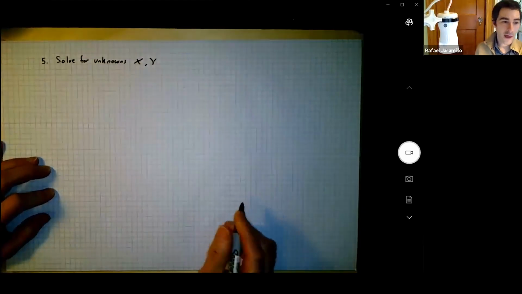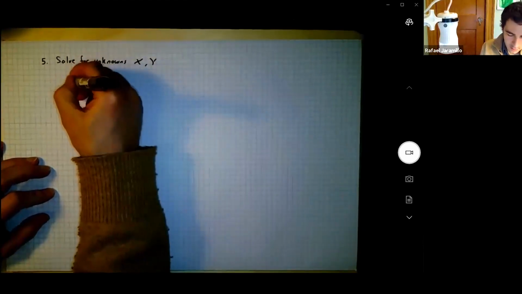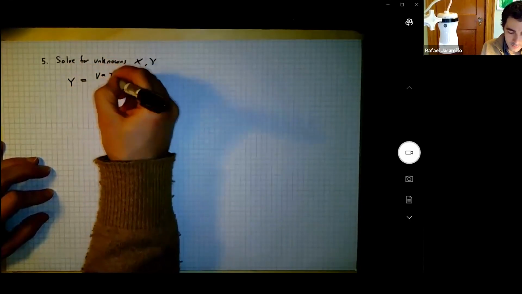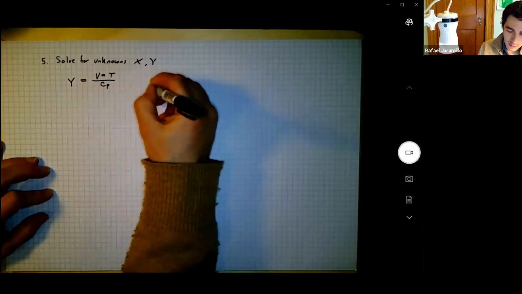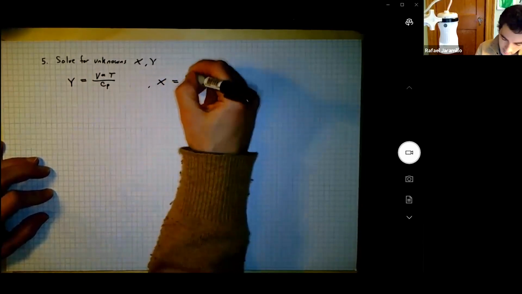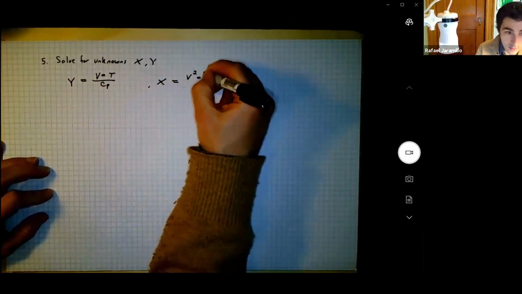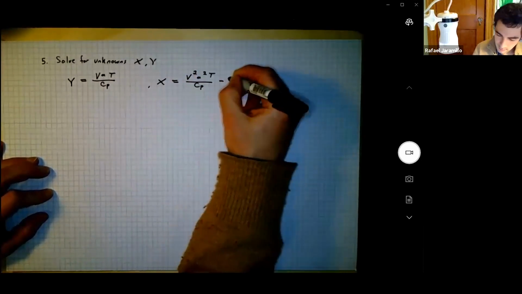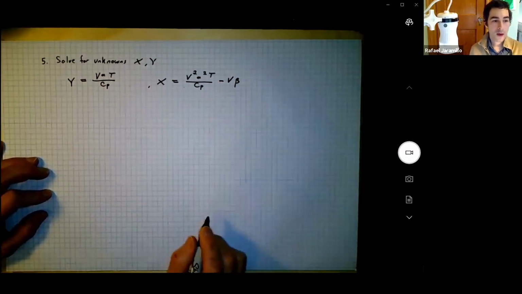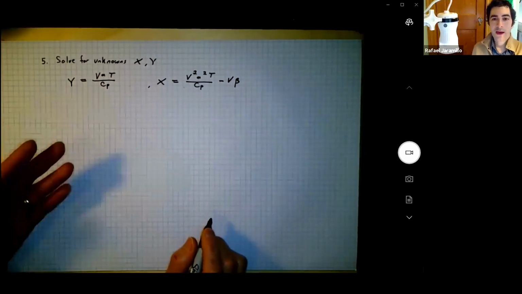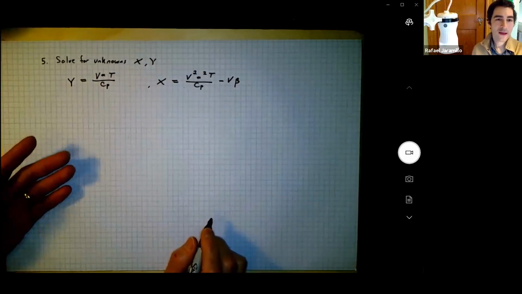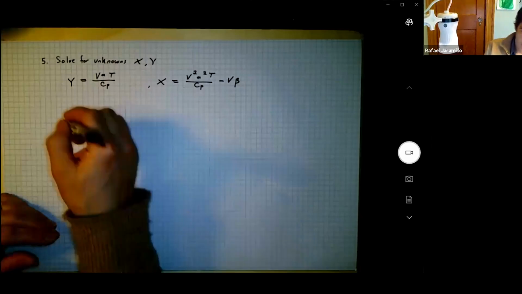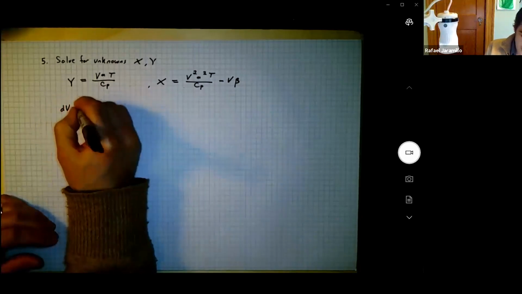And I'll spare you the algebra there because it's pretty easy. Solving for y, y equals V alpha T over Cp, and solving for x, x equals V squared alpha squared T over Cp minus V beta. And these are complicated and non-obvious, right? That's why you need a set of tactics to get to these answers. Because if you follow this approach, you will always get the right answer, even if it doesn't make sense to you.